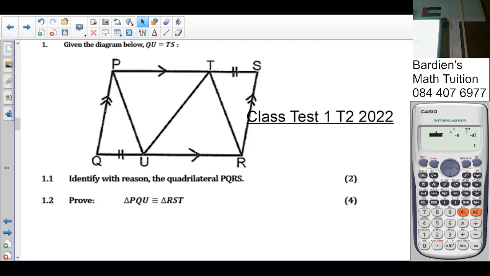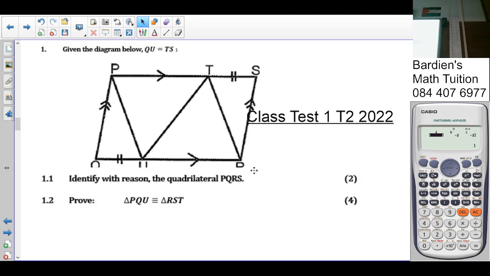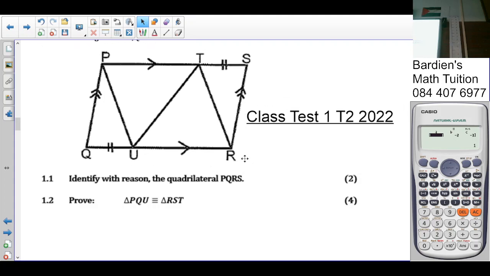It's a parallelogram. Why is it a parallelogram? Two pairs.